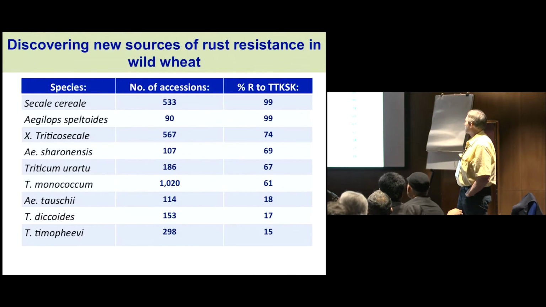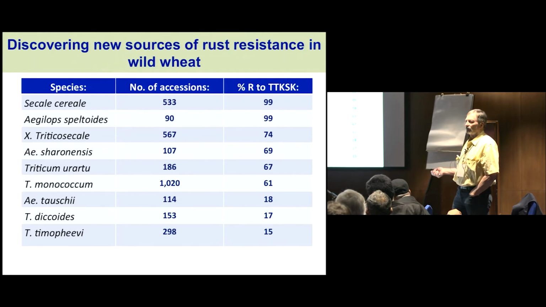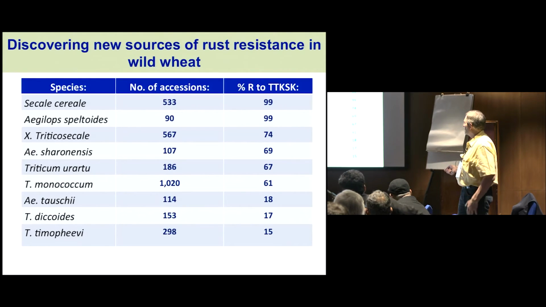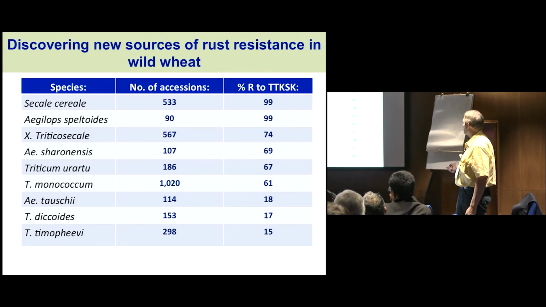Discovering new sources of rust resistance in wild relatives. One part of the project was to look for resistance genes in other species. These are the species that were evaluated. These were the number of accessions, for example, of rye that were evaluated for resistance to this pathogen, UG99. Out of those 533 accessions, 99% of them expressed resistance to TTKSK.